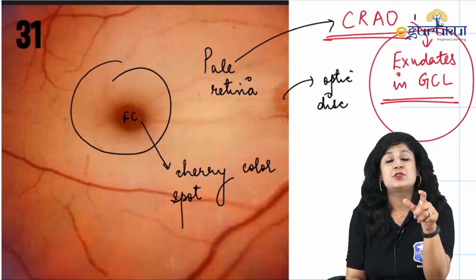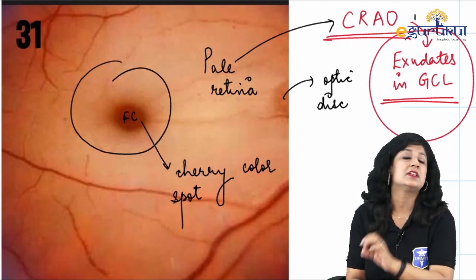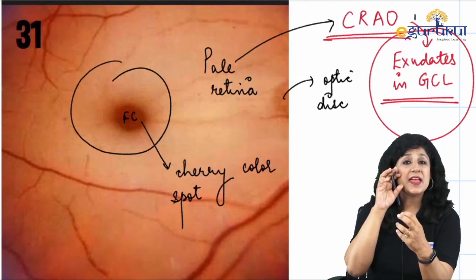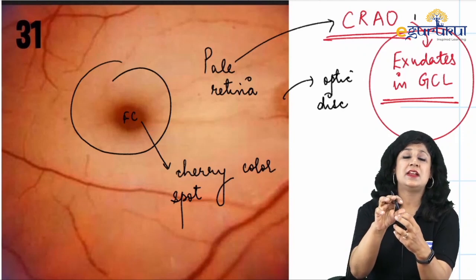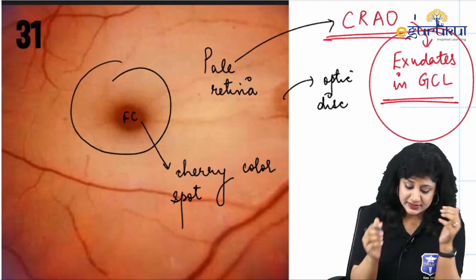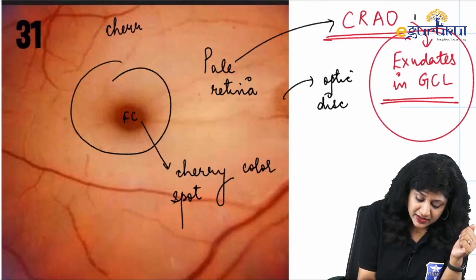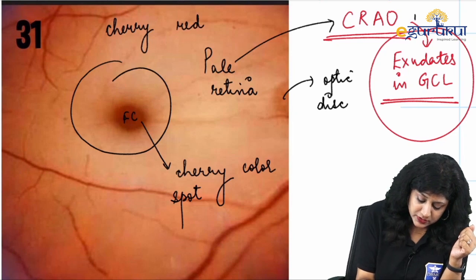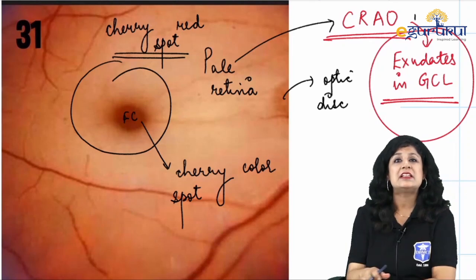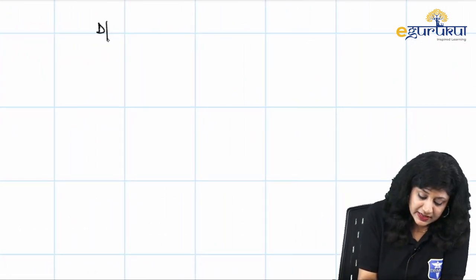But this exudate collection which is present in the ganglionic cell layer is not present in the fovea centralis, because this layer is absent there, and that is why it is the only place in the retina where the choroid continues to shine through the fovea centralis, giving rise to the spot called the cherry red spot.